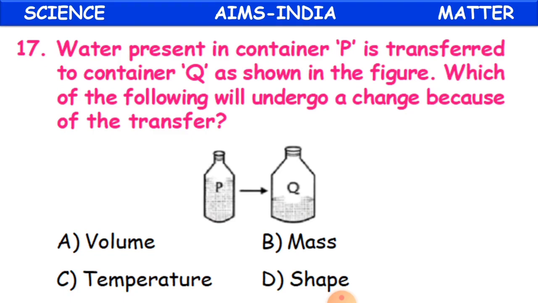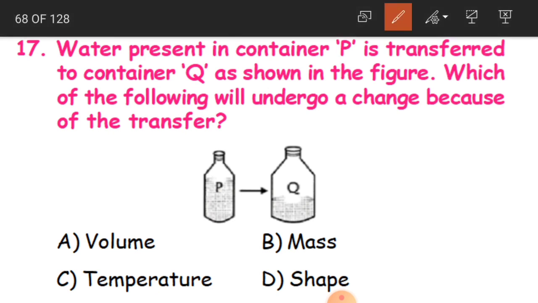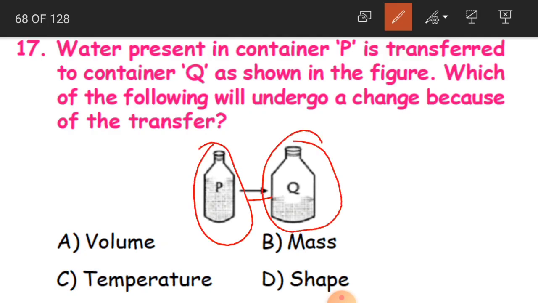17th question. Water present in container P is transferred to container Q as shown in the figure. Which of the following will undergo a change because of the transfer? See here, you have water in container P, and it is transferred into container Q. Is it volume, mass, temperature, or shape?